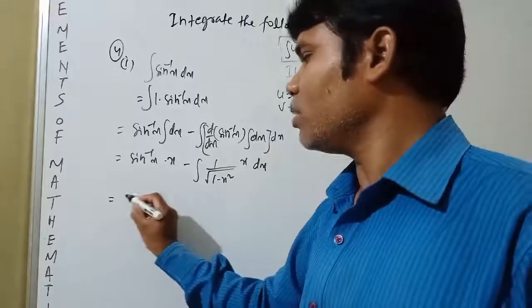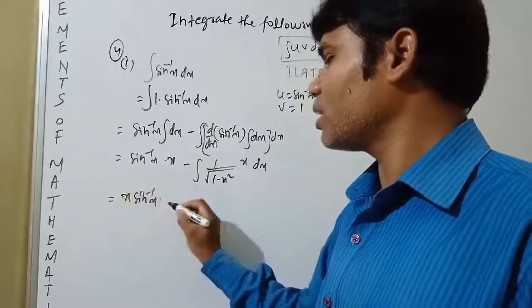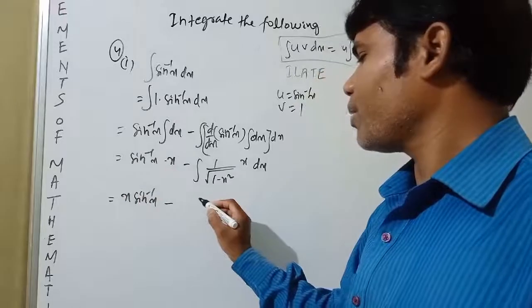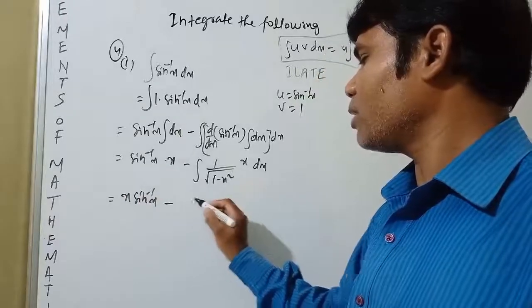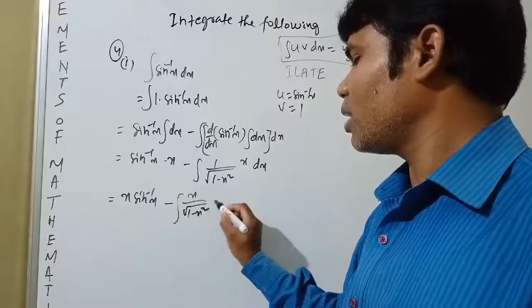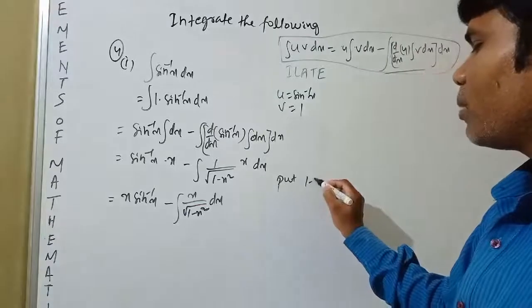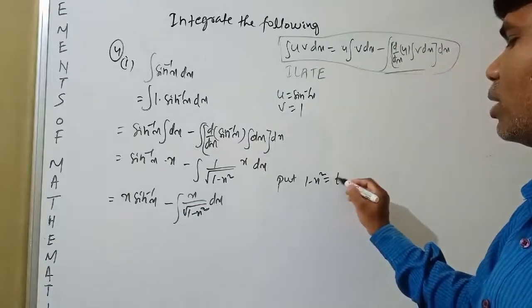So it is equal to x sin inverse x minus integration of x by root over 1 minus x square dx. Now you put 1 minus x square is equal to t square.